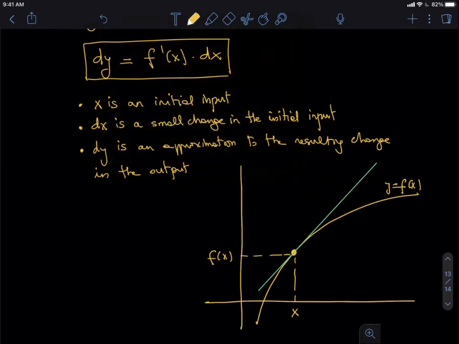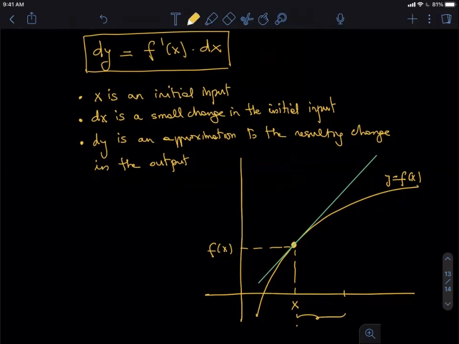And now, let's say we move from that x some distance, and this distance, we can call it the increment in x, or we can just say that is the dx, the small change in the initial input. And now what we want to know is what is the change in the output.